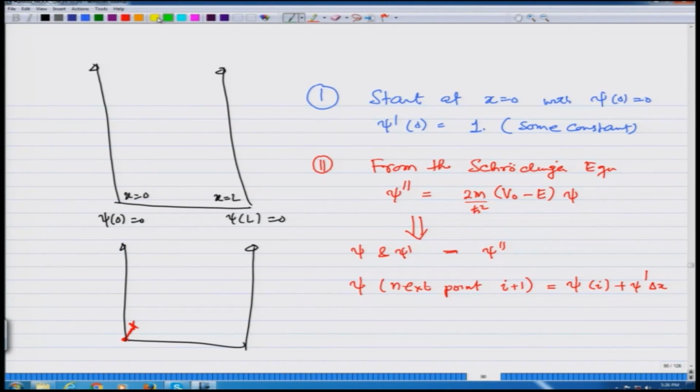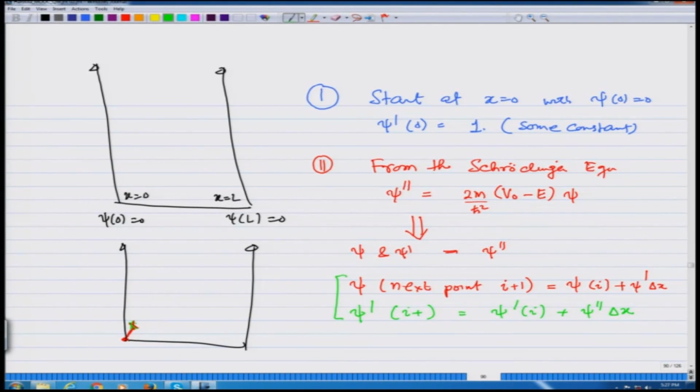And I can also update psi prime at I plus 1th point as psi prime at ith point plus psi double prime delta x. And how do I know psi double prime? If I know psi at some point, I know psi double prime also. Once I do that, I have found everything at this cross.